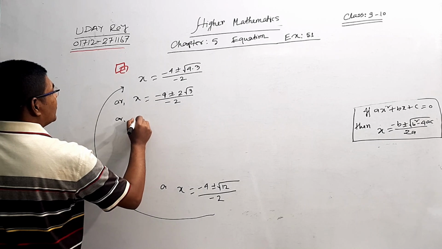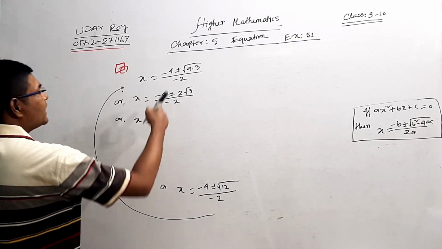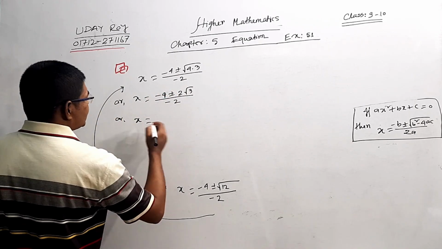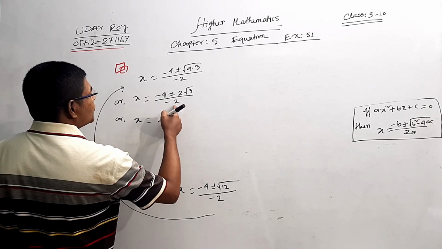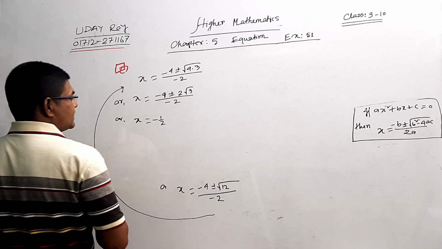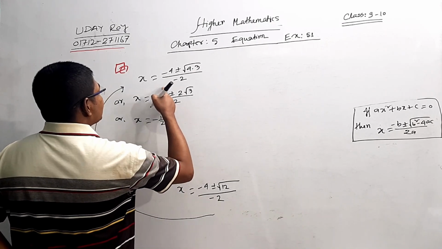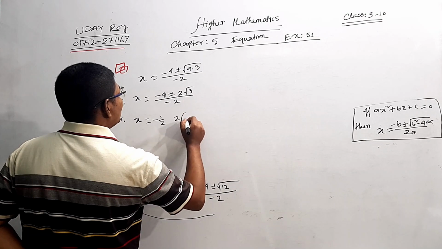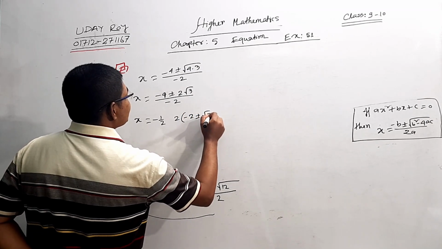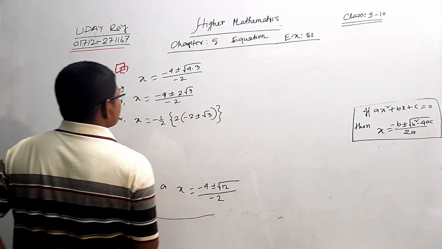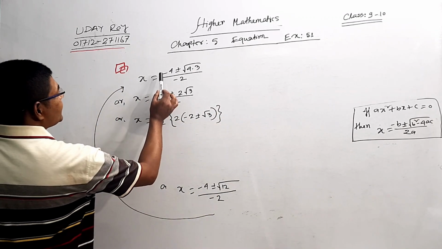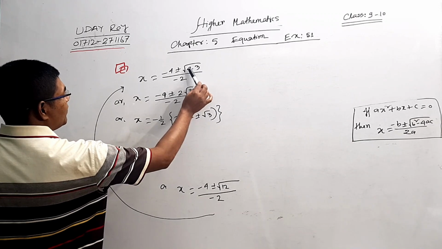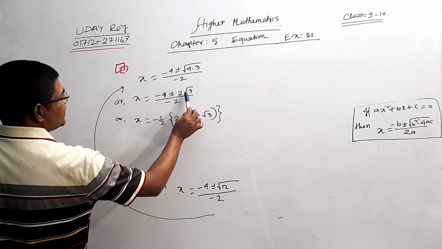Square root of 4 into 3, 4 is a perfect square, so easily we can write 2 square root of 3.